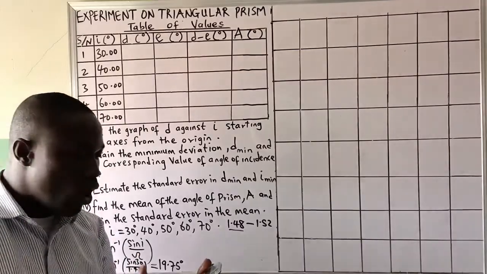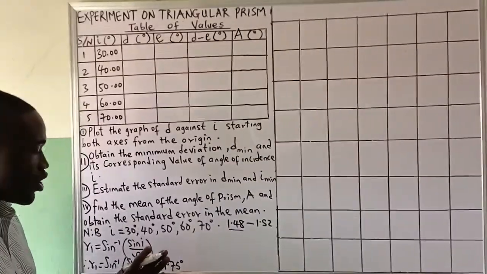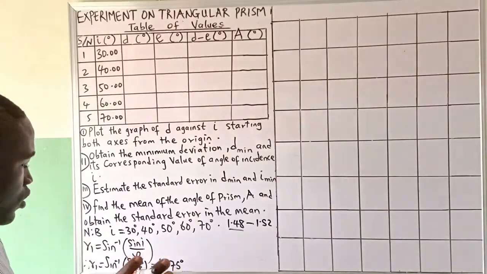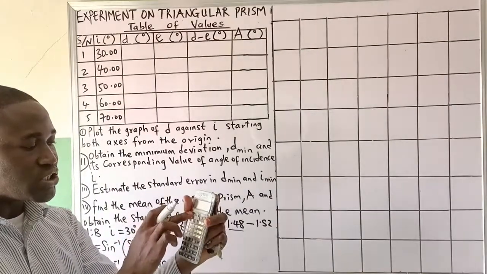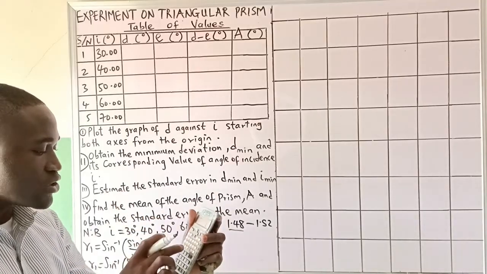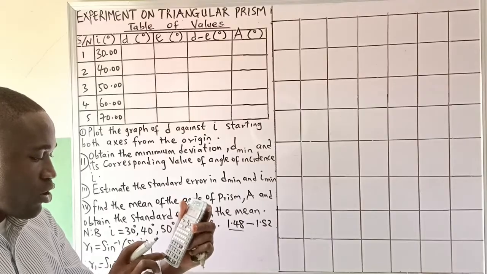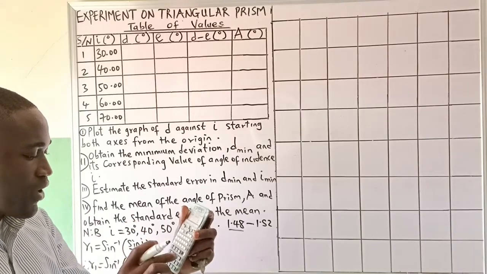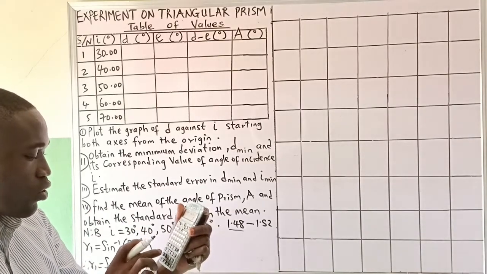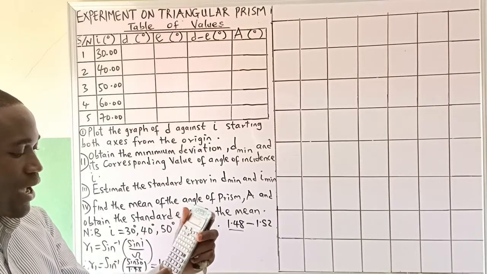I repeat, if you do not want to use a rigorous process, all you do is press shift, press sine, it will give you sine inverse, open bracket, press sine 30, that is 0.5, divided by 1.48, close the bracket.